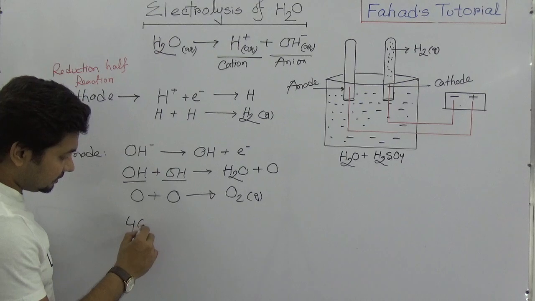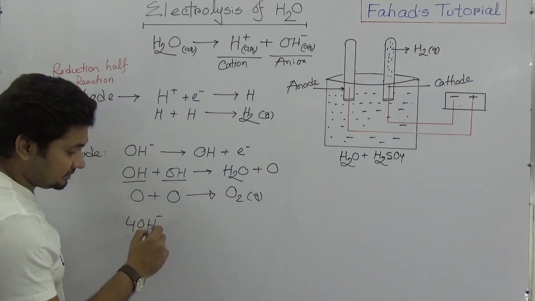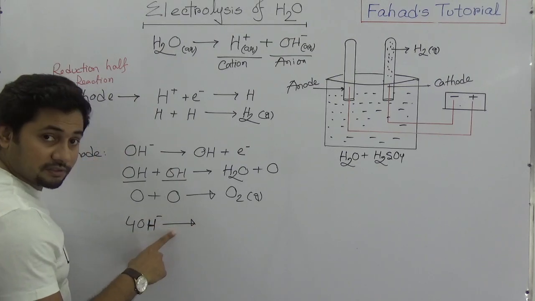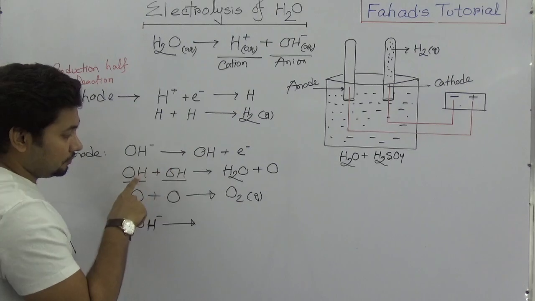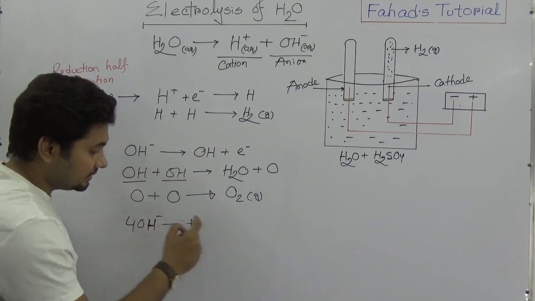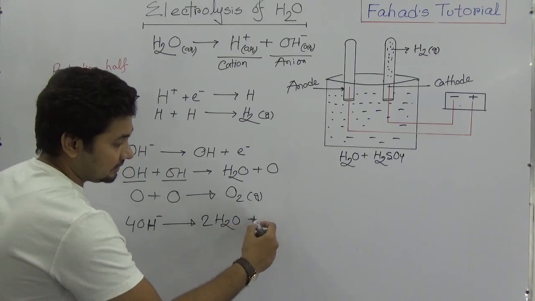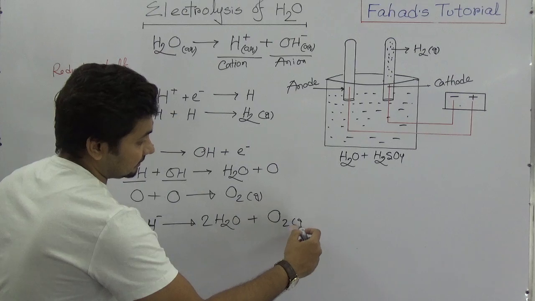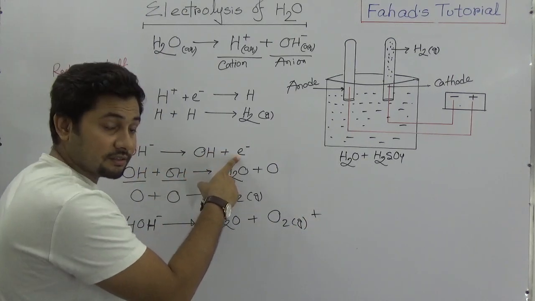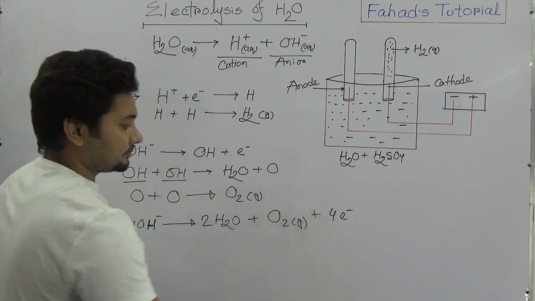So if we take 4 hydroxyl, the complete reaction is: 4 hydroxyl will produce 2 molecules of water plus 1 oxygen gas plus, as 1 hydroxyl releases 1 electron, 4 hydroxyl will release 4 electrons.